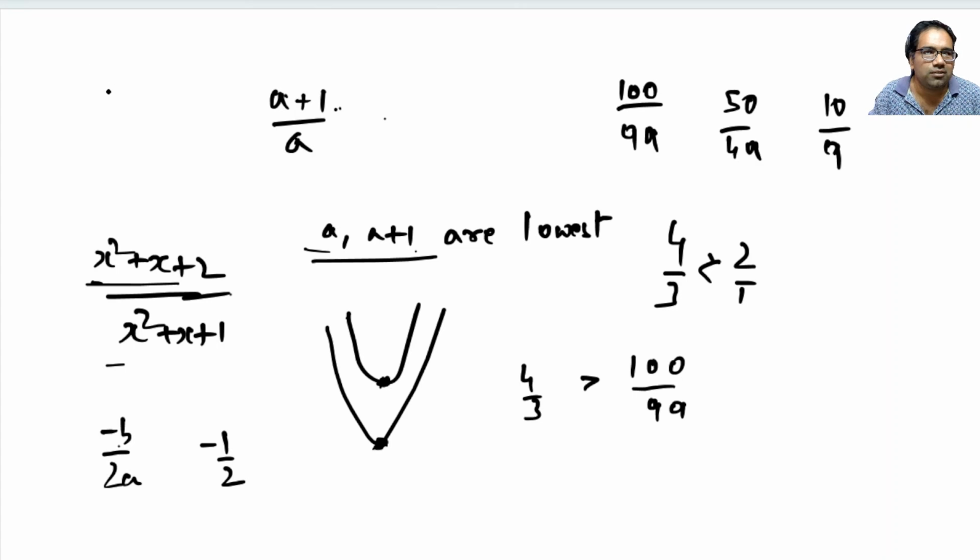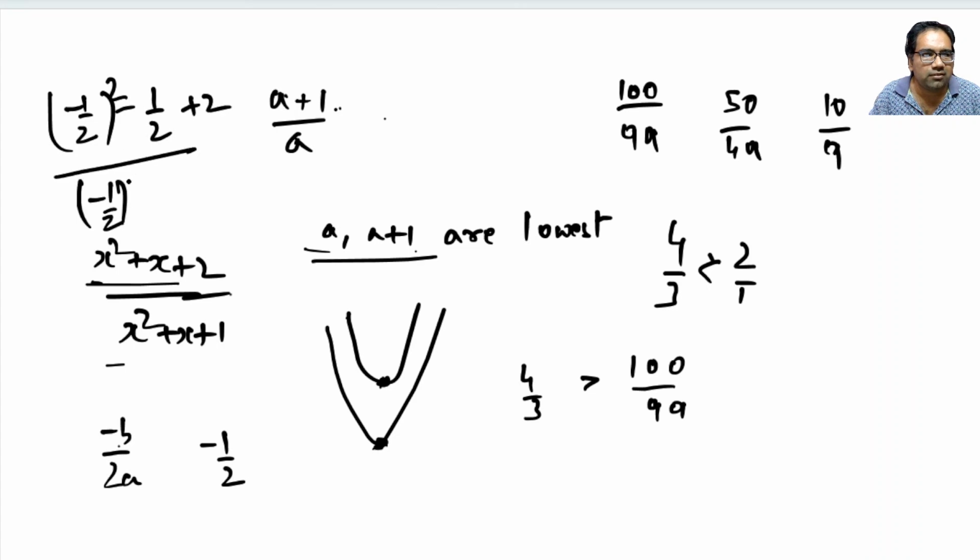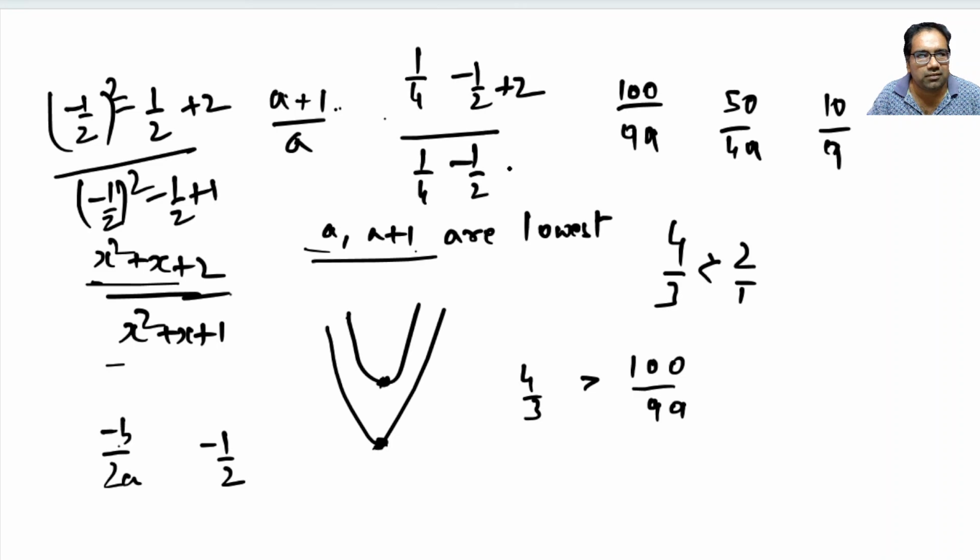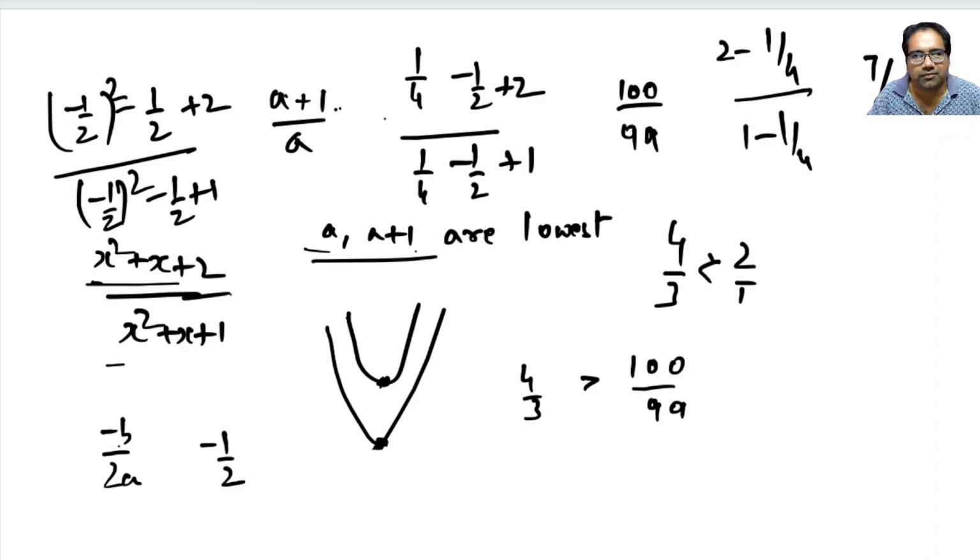And what is that lowest value? Minus half whole square, minus half plus 2, over minus half whole square, minus half plus 1. So that is a fraction, which is nothing but 1 by 4 minus half plus 2, over 1 by 4 minus half plus 1, which is nothing but 2 minus 1 by 4, over 1 minus 1 by 4, which is nothing but 7 by 4 over 3 by 4, which is nothing but 7 by 3.